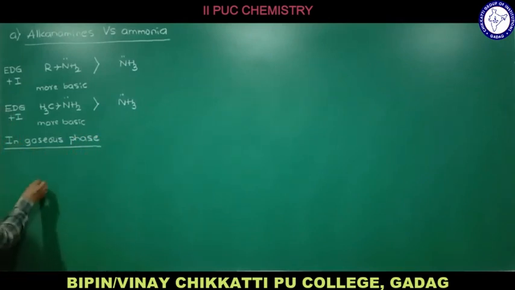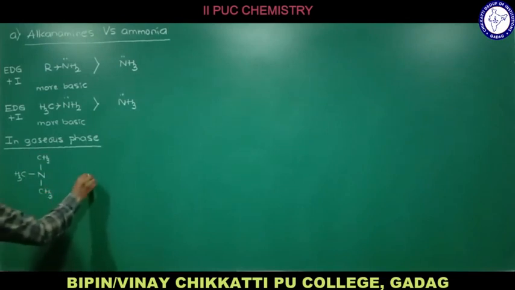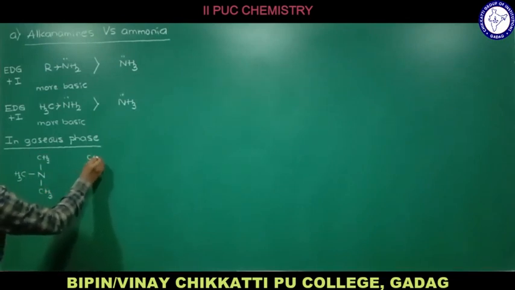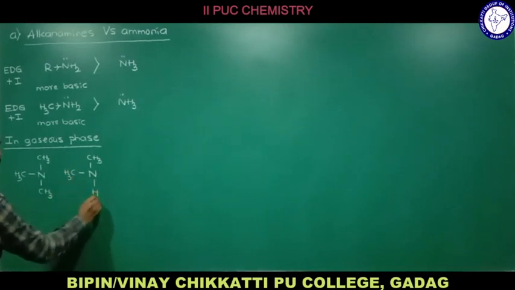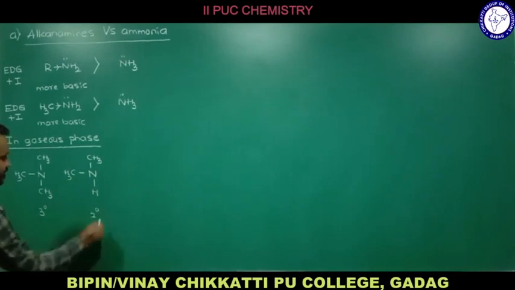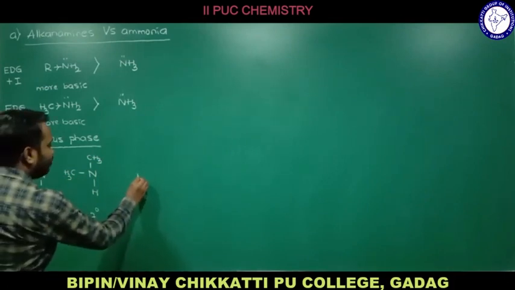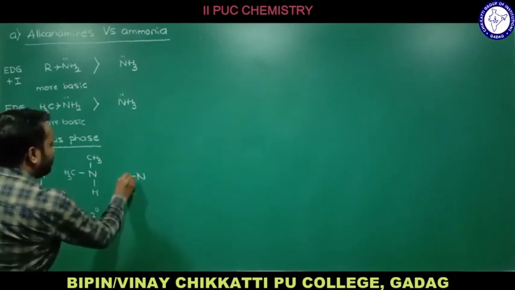So here I am going to consider some examples. Let me consider the example of N with CH3, CH3 and CH3. As we know, this is a tertiary amine, this is a secondary amine, and now I am going to consider a primary amine.